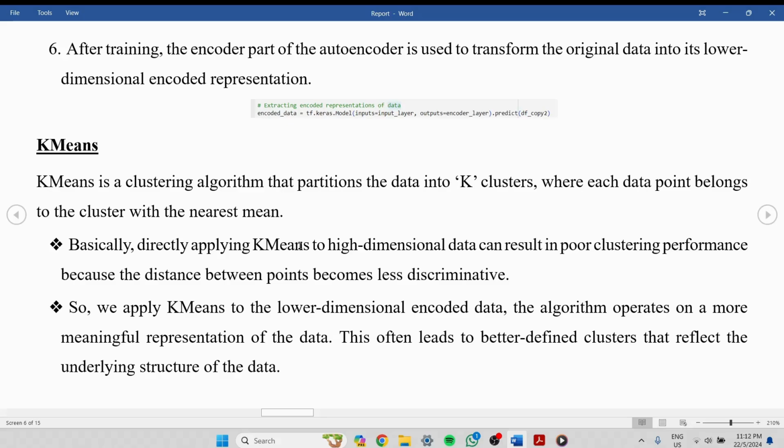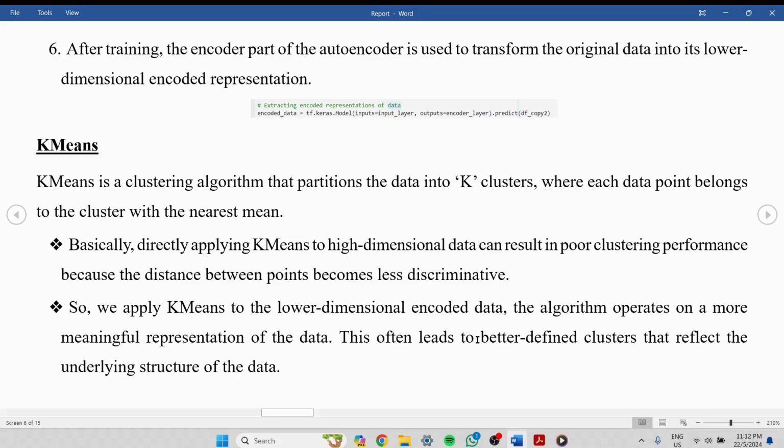Basically, directly applying K-means to high dimensional data can result in poor clustering performance because the distances between points become less discriminative. So, we apply K-means to the lower dimensional encoded data. The algorithm operates on a more meaningful representation of the data.